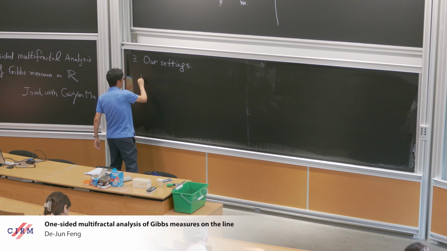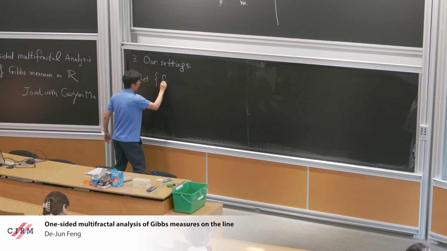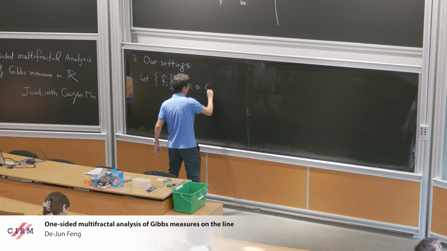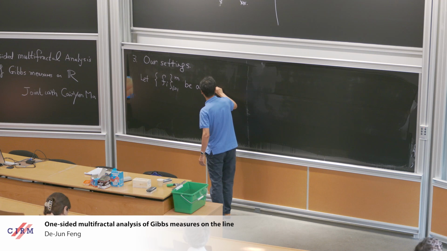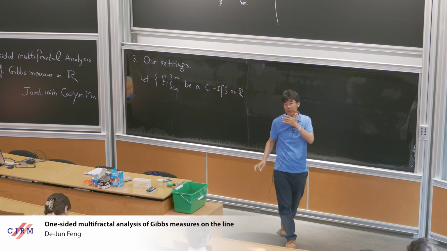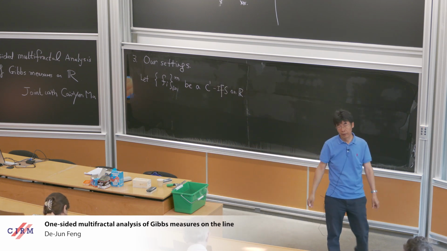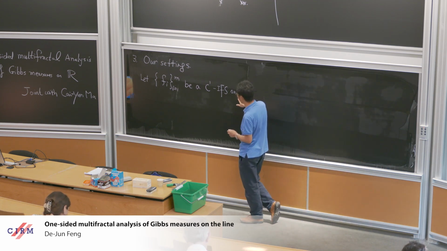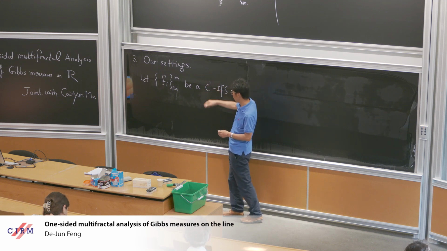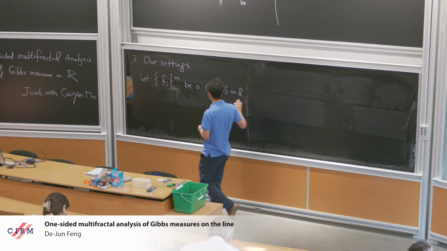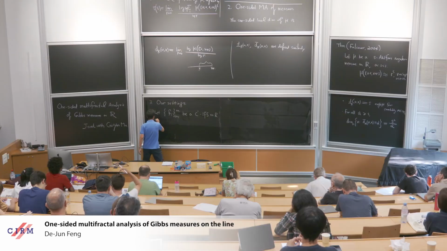Let f_i, i from 1 to m, be a C1 IFS on the real line. That means each function f_i is a contractive mapping on the real line, and each function is C1. And we let K be the attractor.